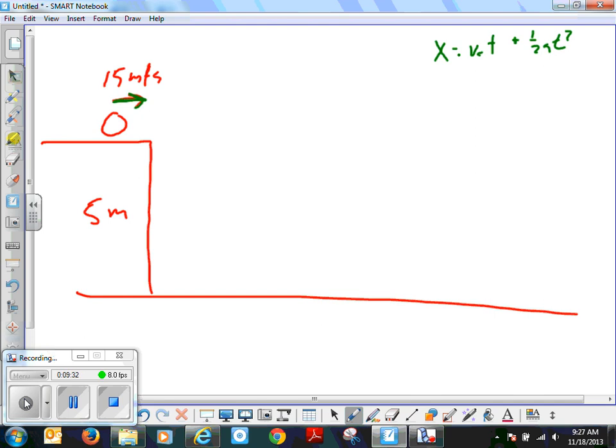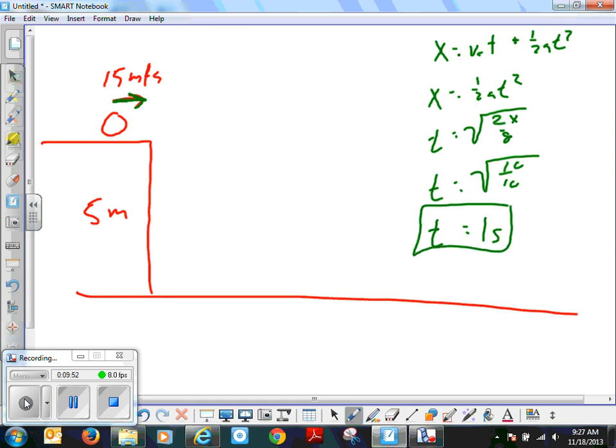Because there's just an x, so then x equals 1/2 at squared. T equals the square root of 2x over little g. In this case, the square root of 10 over 10. T equals 1 second.